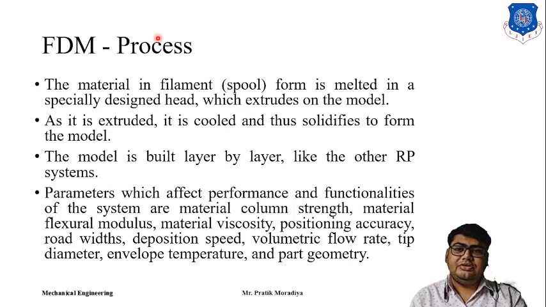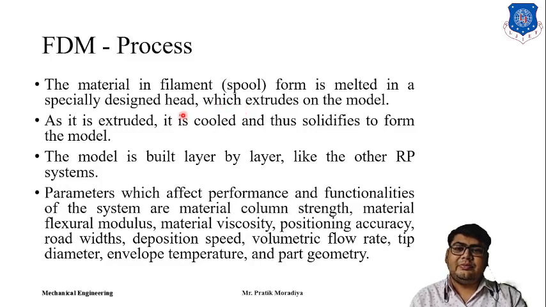Now, how does the FDM process work? There will be material in a filament or in a spool, and this filament will be melted in a specially designed head, and then it will be extruded onto the model. When the material is coming out of this extruder head, it will be in a semi-liquid form.